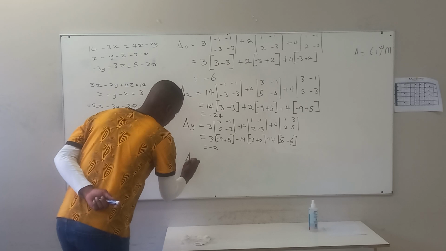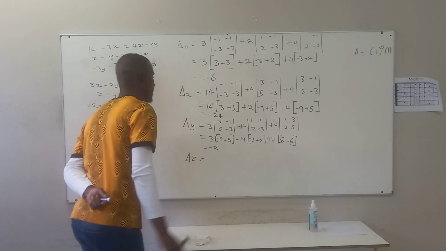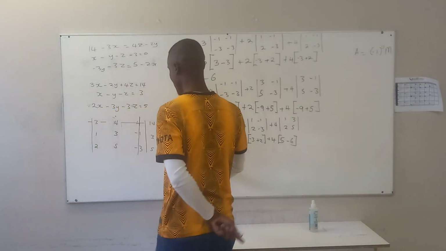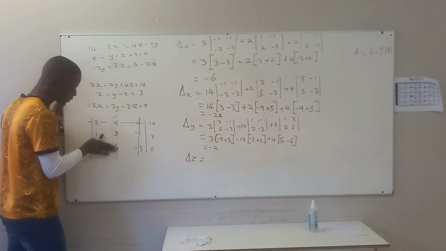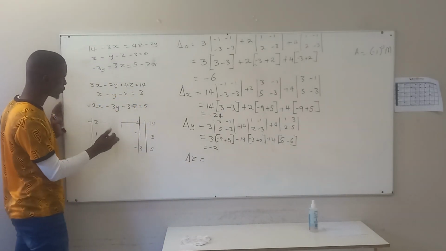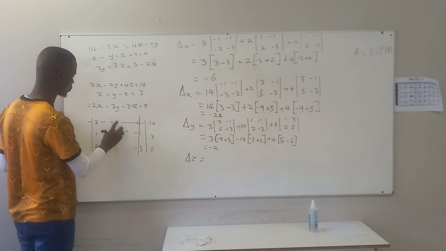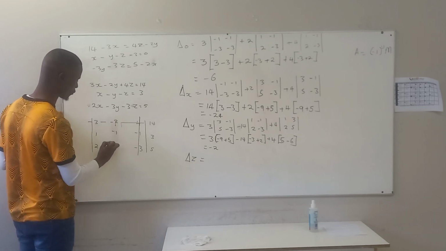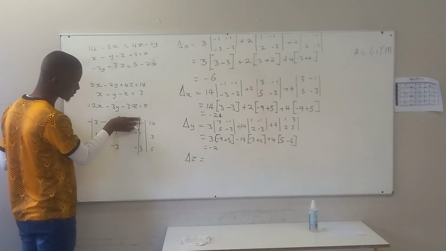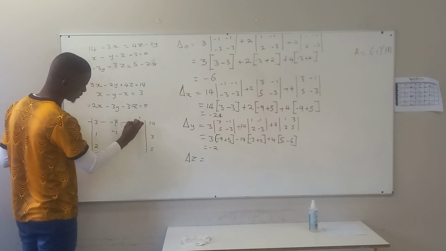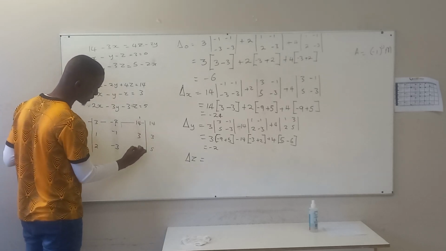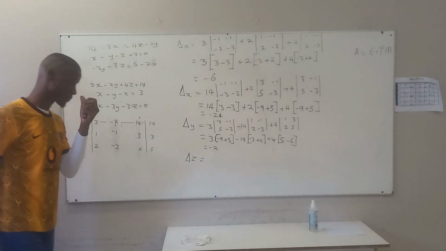Then delta z. For delta z, we go to z, we replace them. This one, take them back to original. Negative 2, negative 1, negative 3. Then for z, it's 14, 3, then 5.